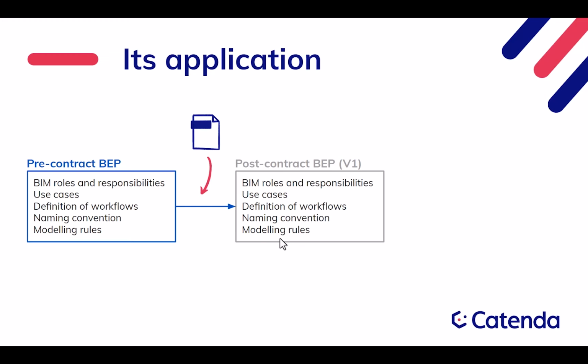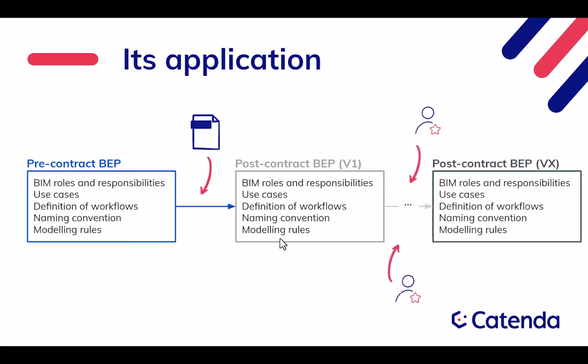But as I said, the BEP is evolving throughout the lifetime of the project. So every time a new stakeholder is joining, could be a consultant, could be a subcontractor with design responsibilities, it should be updated. Same reason why you involve the rest of the design team.